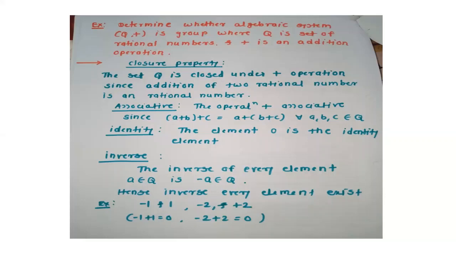Whenever you perform addition of these two, plus one and minus one, that is equal to zero. So zero is your identity element. So we can say that an inverse element exists for every element of the rational numbers. For example, minus 1 and 1, you will get 0. Minus 2 and plus 2, you get 0. So for every element, there exists an inverse element.